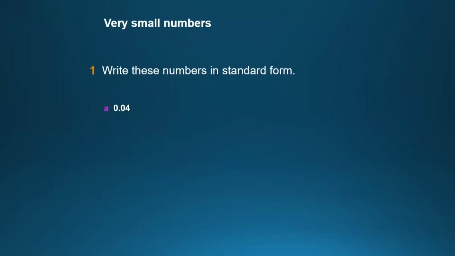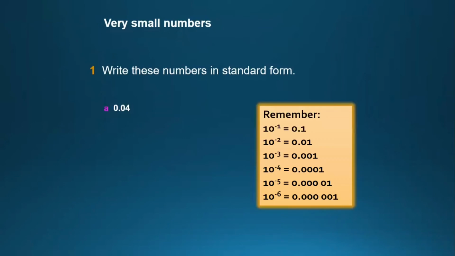Now, let us look at very small numbers. So when we are writing very small numbers, remember the power of 10 is negative. So 0.04. The decimal has to go after one whole digit, which becomes 4 into 10 to the power minus 2. So what did we do here? 0.04 was there, right? So we wanted to have 4.